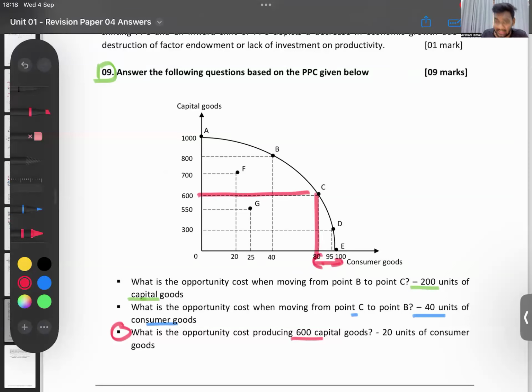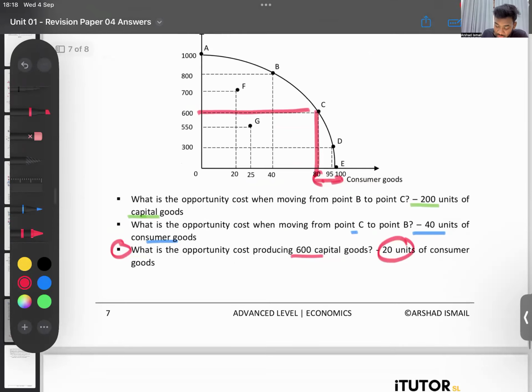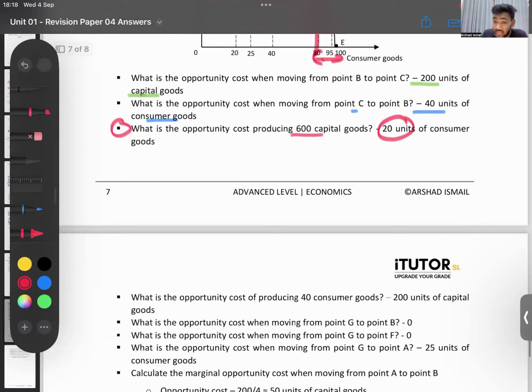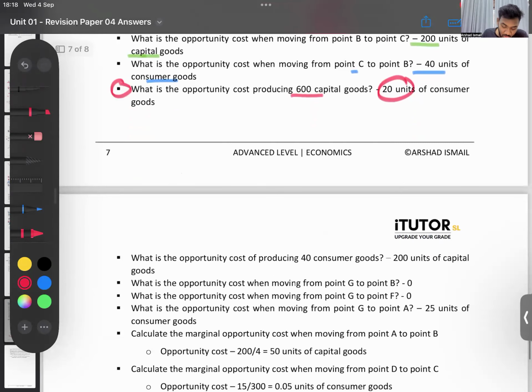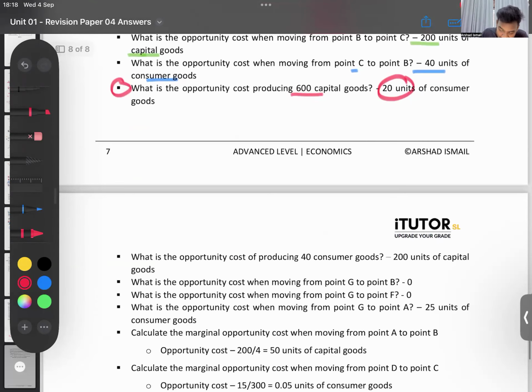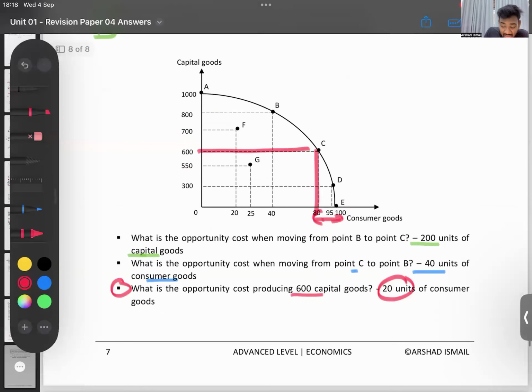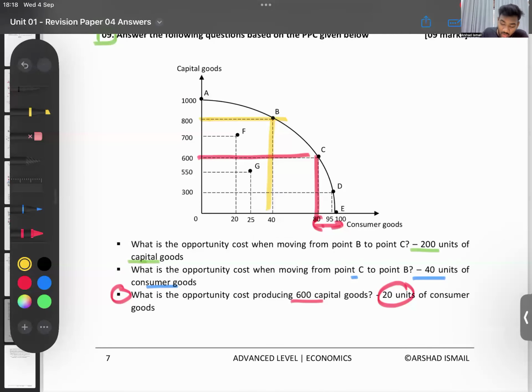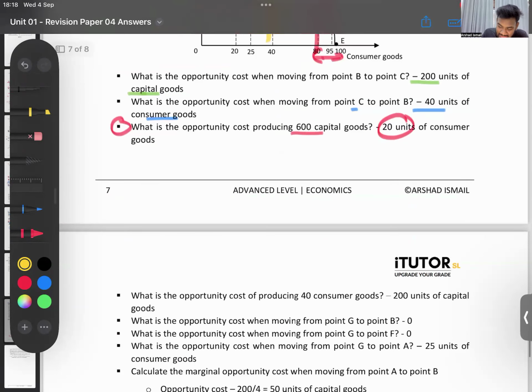Under 20. That's your opportunity cost. It's 20 units of consumer goods. Next one is asking, what is the opportunity cost of producing 40 consumer goods? When you're producing 40 consumer goods, you can produce 800 capital goods. How much of capital goods can't you produce? 200 capital goods. That is your opportunity cost.